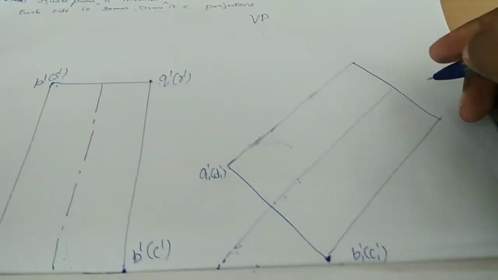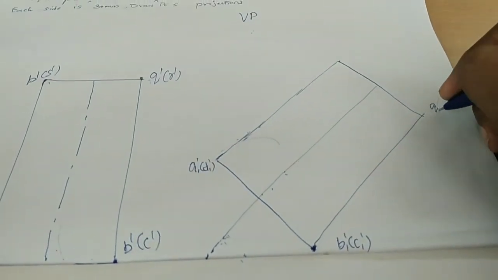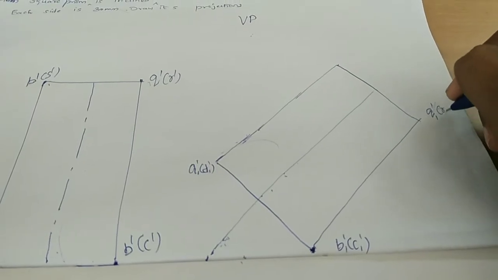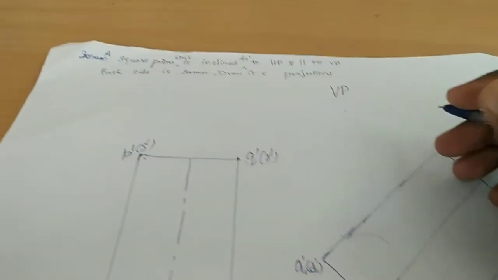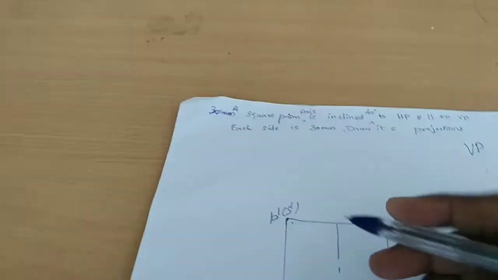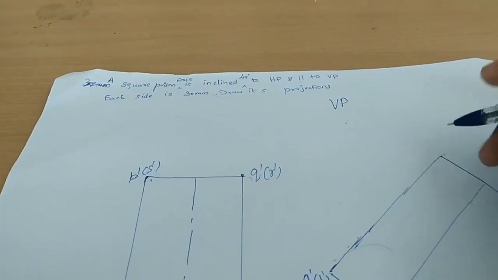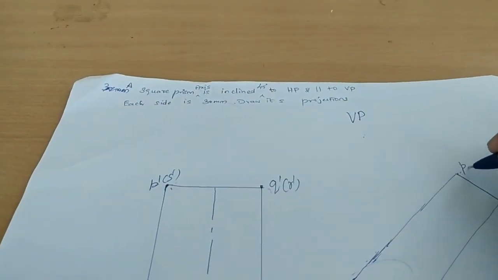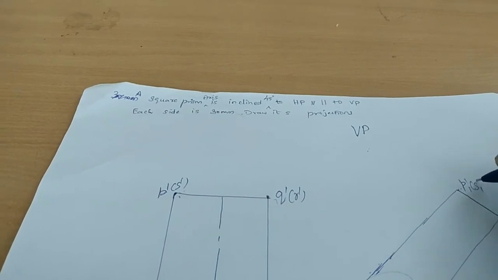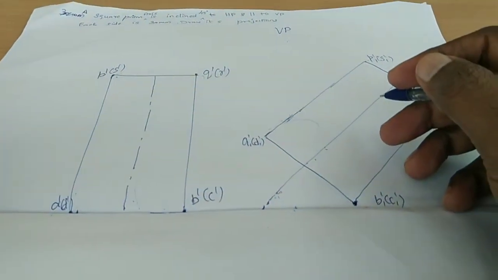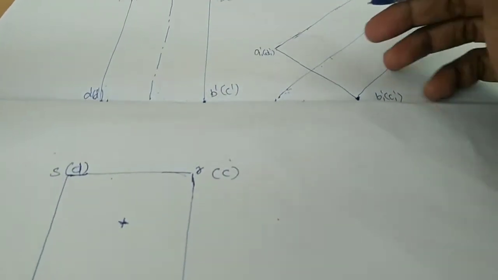The top portion has corners Q1 dash and R1 dash, and the other corners P1 dash and S1 dash. This is the second stage front view.